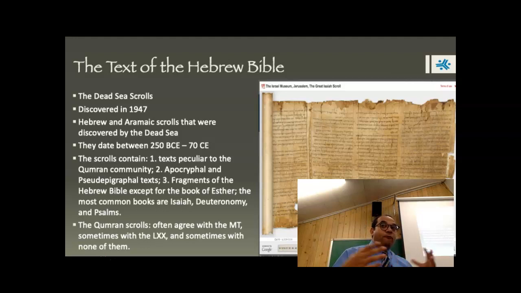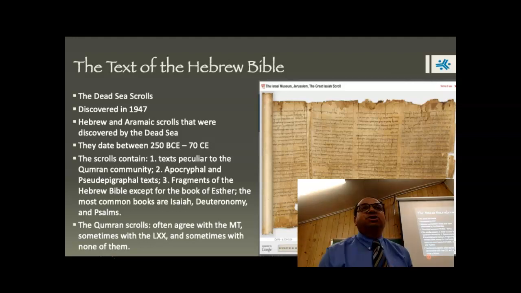So for you now, as someone who is taking your first class in the Bible, or if you have taken classes in the Bible before, one of the things you need to be asking yourself when you read different translations is, why did the translator make that decision?